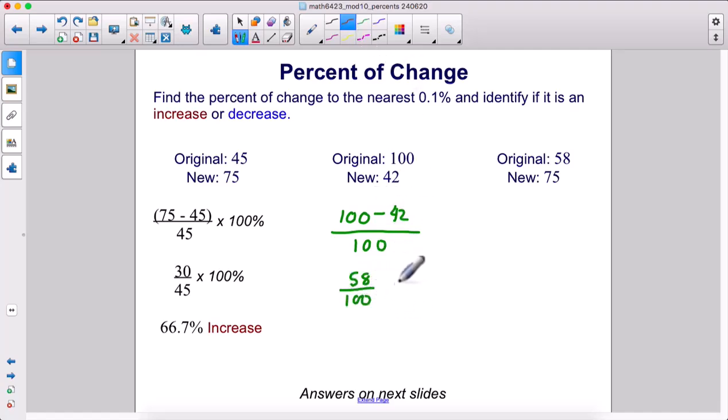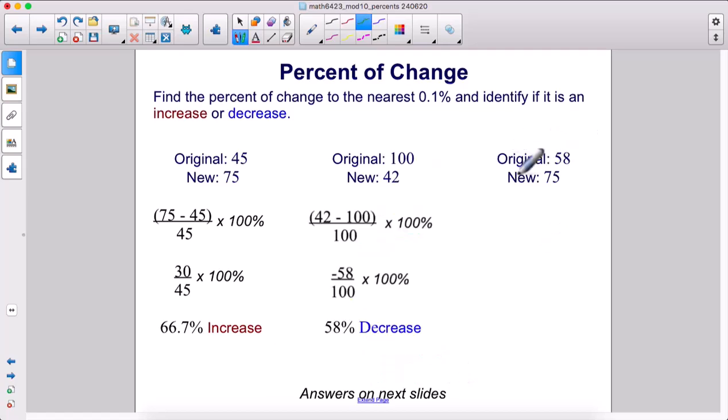All we have to do is take that 58 and move the decimal to the left 2 spots. 0.58. But then we want to actually convert it to a percentage. So when we do that, we're going to move it right back. So it's 58%. And that is a decrease.